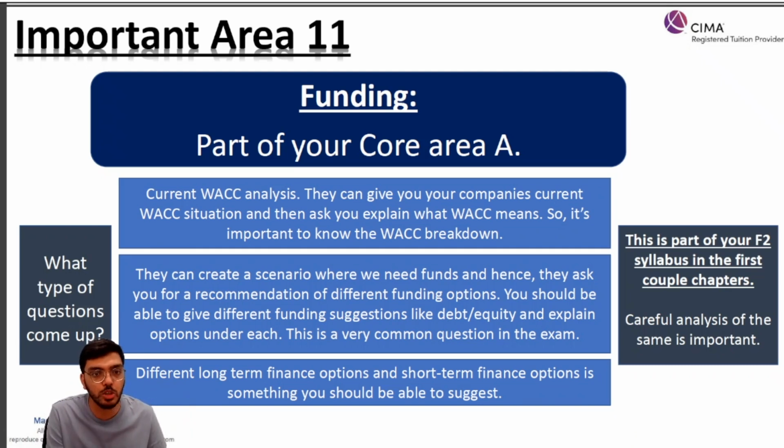You should be able to suggest the same. They can ask you, what does weighted average cost of capital mean? Not everybody at the board of directors level understands this. So break down WACC, show what WACC means. You should be able to do that, and all of this is in your F2 syllabus at the start, the first couple chapters. Careful analysis of the same is very important over here because funding is often asked in the exam as a subtask.